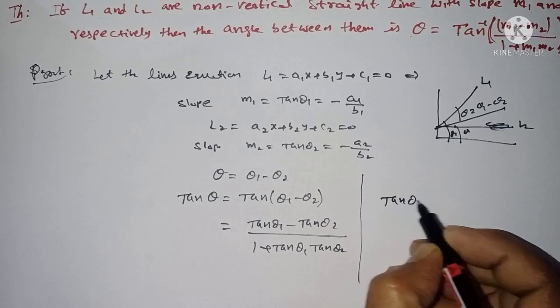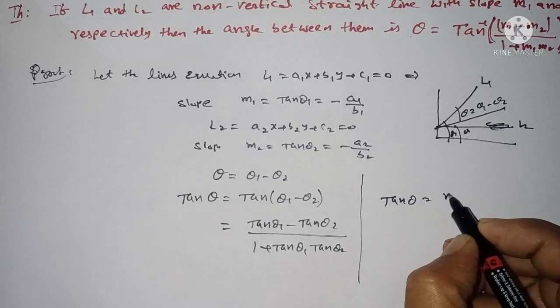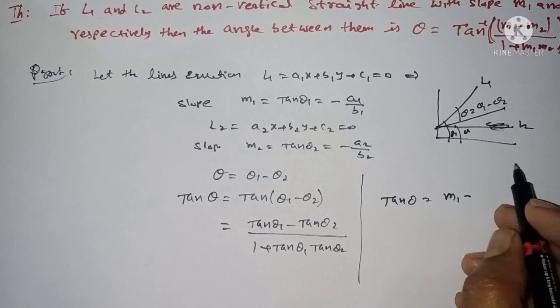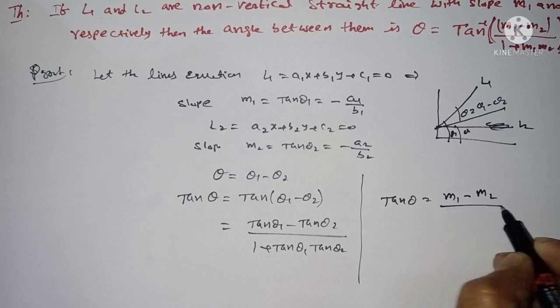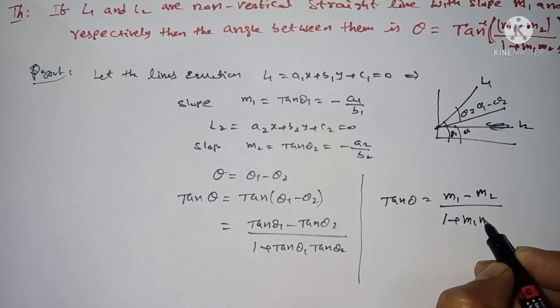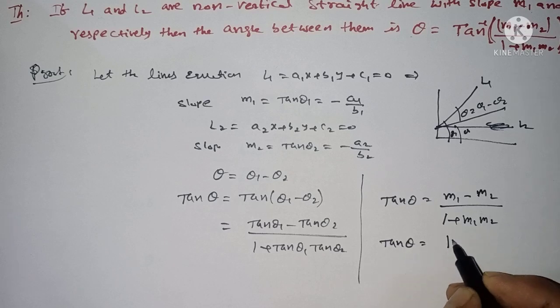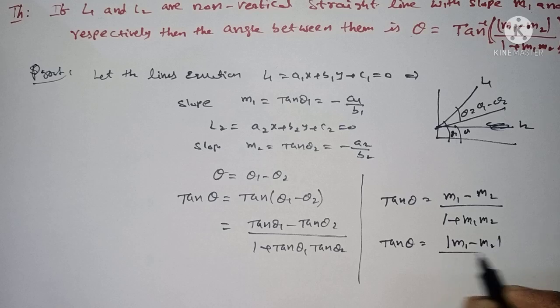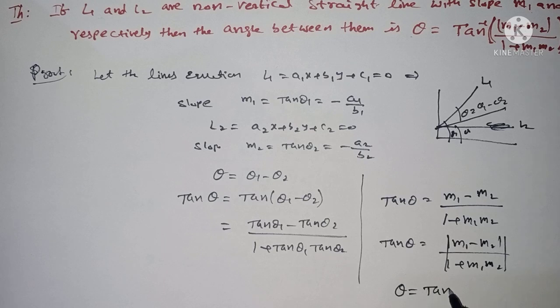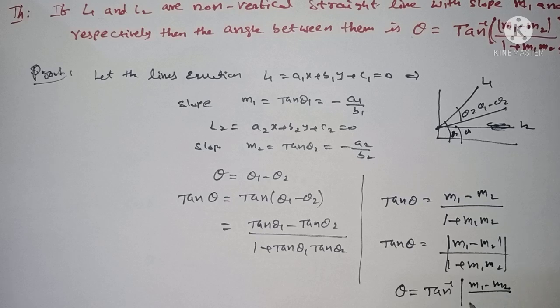Therefore, tan theta is equal to m1 minus m2 by 1 plus m1 m2, since tan theta 1 is nothing but m1. Take the mod, because these are positive only. Therefore theta is equal to tan inverse of mod of m1 minus m2 by 1 plus m1 m2.